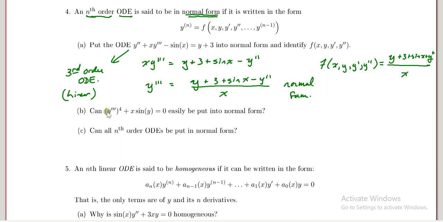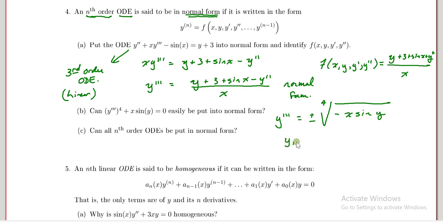This question asks, can this ODE right here easily be put into normal form? And you should try to solve for this. You can. You would get y triple prime is equal to, and here we'd have not a function any longer, plus or minus the fourth root of negative x sine of y.